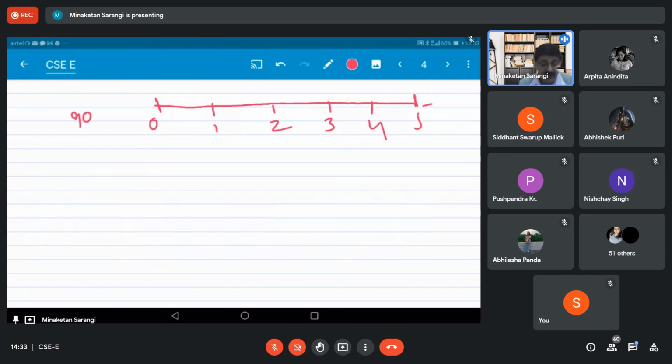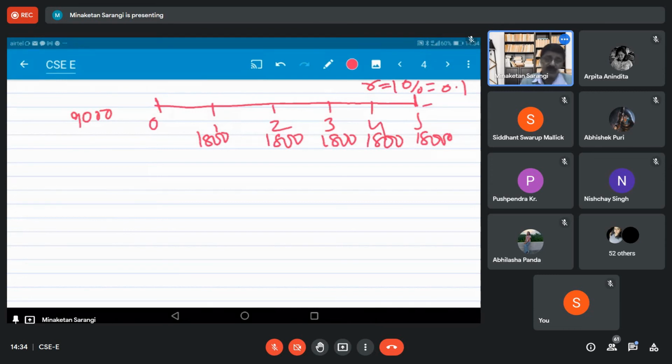You are paying 9,000 here and 1,800 in each of the five years. Rate of interest is 10% or 0.1.